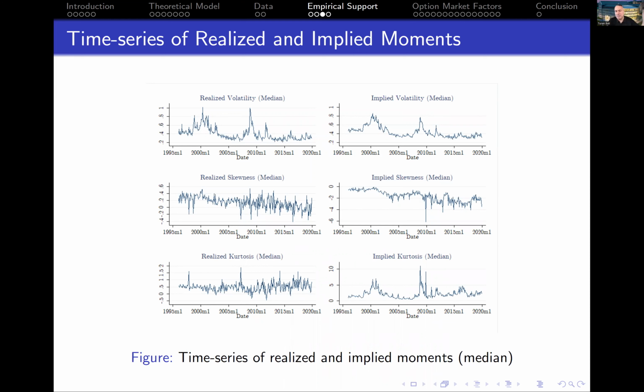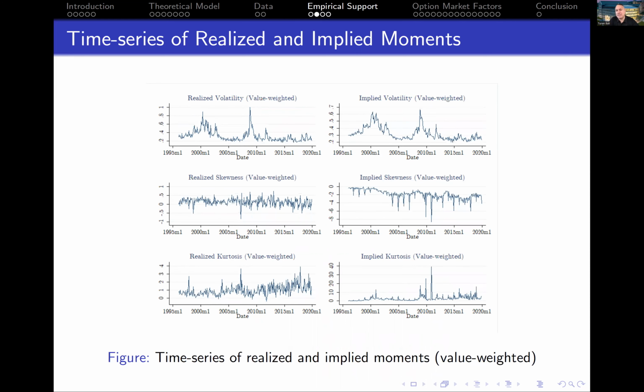Like if you think of an out-of-the-money put minus an at-the-money call, that's your skewness measure pretty much, for example. But that's a very good point. We can maybe replicate this with different moneyness and different maturity, still fixing the option sample. Thank you. Yeah, Petra, I guess.